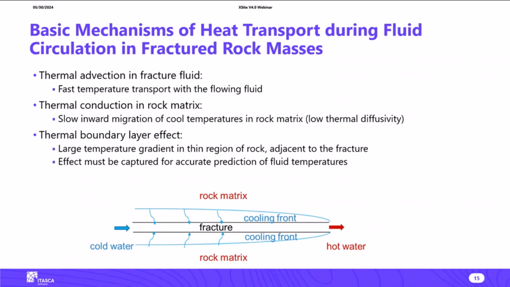Typical thermal diffusivity for the rock mass is 10 to the minus 6 meters squared per second. So if you take how long it takes for the front to propagate 1 meter, it's roughly 1 million seconds, which is approximately 10 days. So there is a challenge how to efficiently and accurately simulate all of these processes.